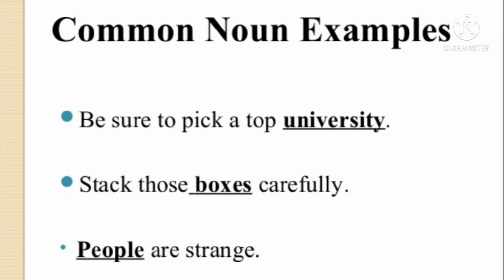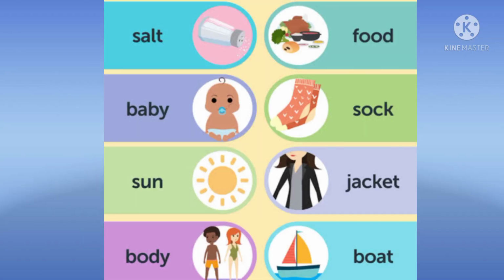Stack those boxes carefully. Box is a common noun. People, common noun. You can see some other examples here in the picture. The salt, baby, sun, body, food, sock, jacket, boat, etc. All these refer to a common thing. So these are called common nouns.